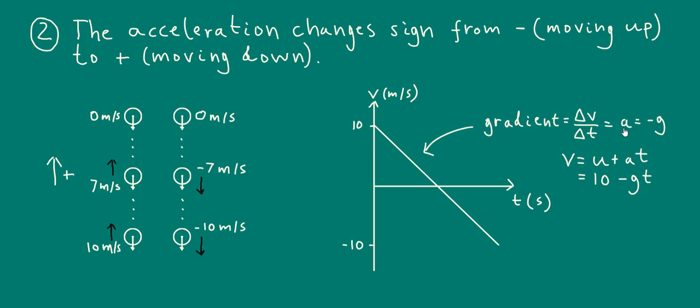The gradient is just equal to minus g, which is exactly what we said a moment or two ago. The relation between v and t here is simply given by v is equal to 10 minus gt, because u, the initial velocity, is 10 and a is minus g. So once again, we find that the acceleration does not change sign. It's a constant and equal to minus g.